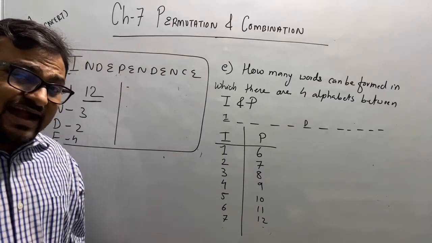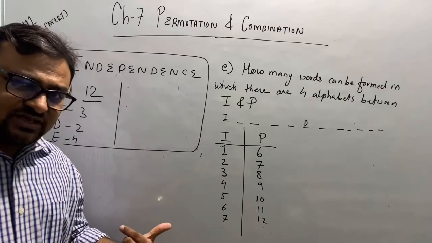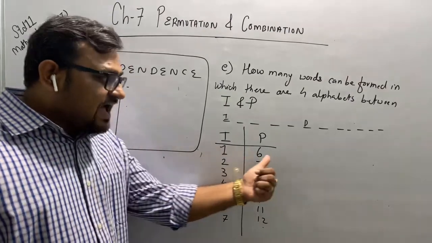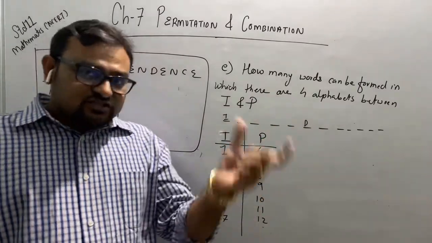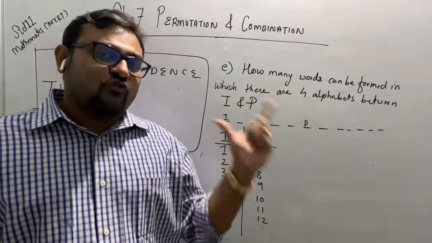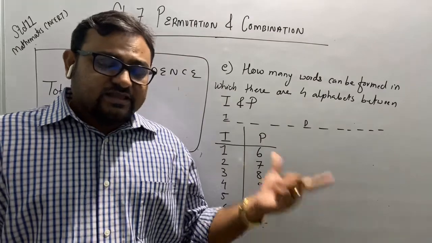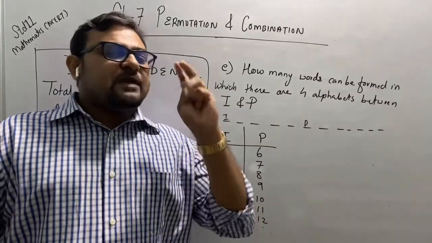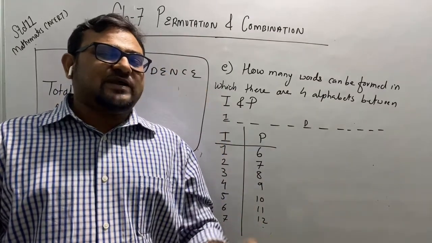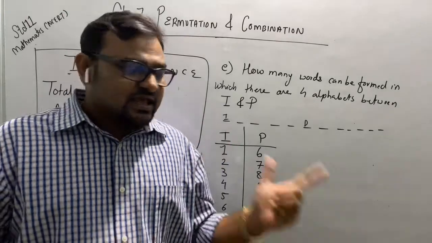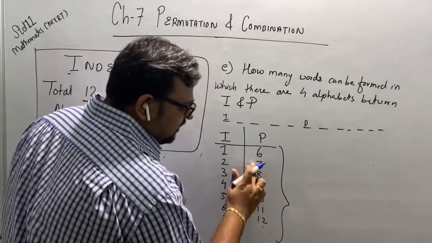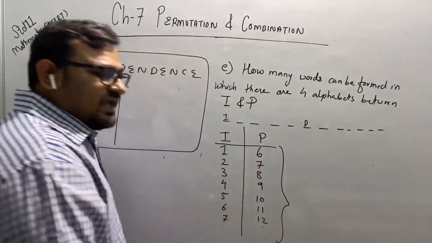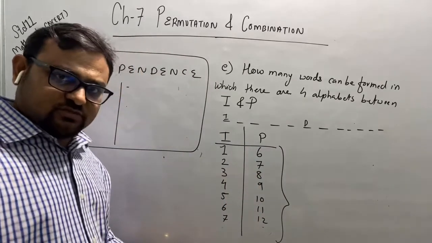But can't it be the reverse? Like P at first and I at 6? In the question, it is not asked that first must be I and then after 4 alphabets it must be P. The question says only that there must be 4 alphabets between I and P. So also the reverse. So first, how many is this? 1, 2, 3, 4, 5, 6, 7. 7 positions.